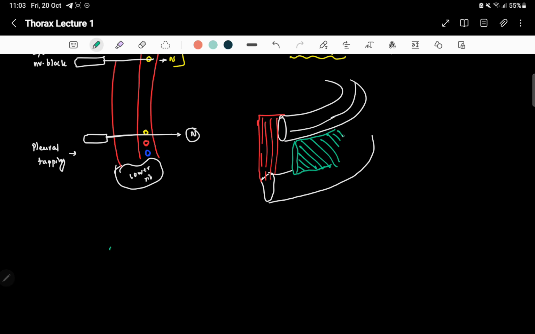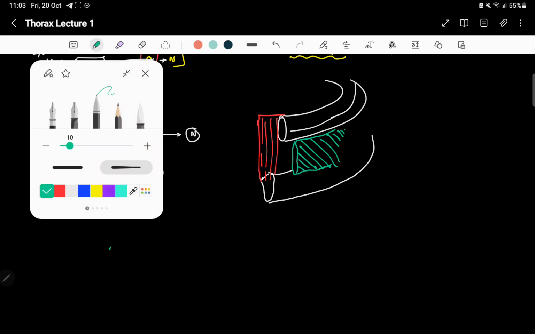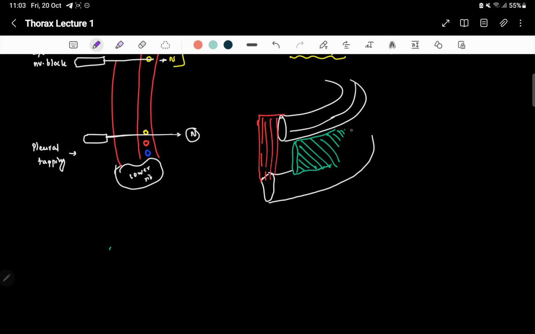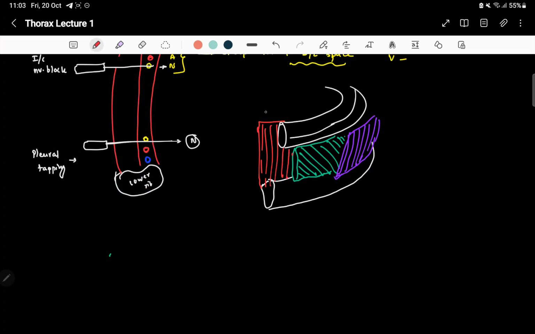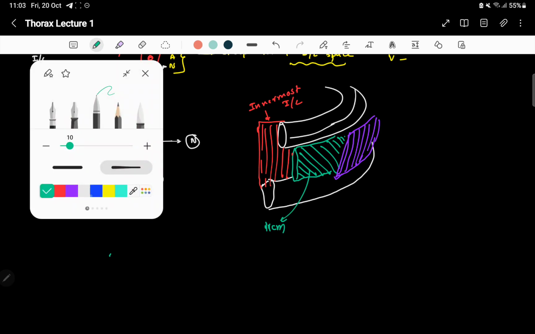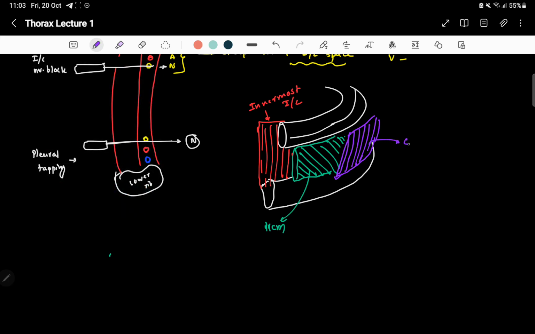Understood? And then your external intercostal muscle must be arranged like this. And backwards you have your innermost intercostal. This is your innermost intercostal muscle, and here marked in green is your internal intercostal muscle.